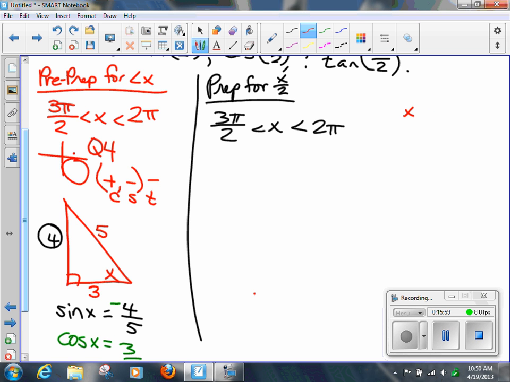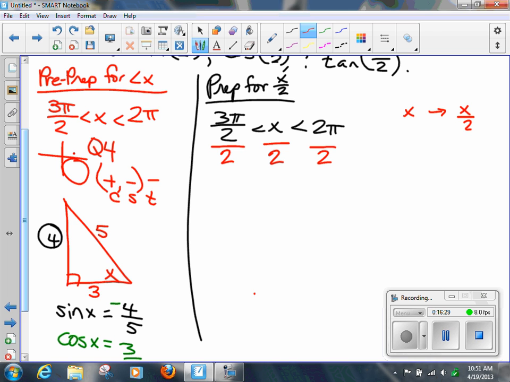Algebraically, all we did was divide by 2, right? So if I made this inequality look like that, because what I do to one thing, I have to do to everything, right? So we're going to divide everything by 2.